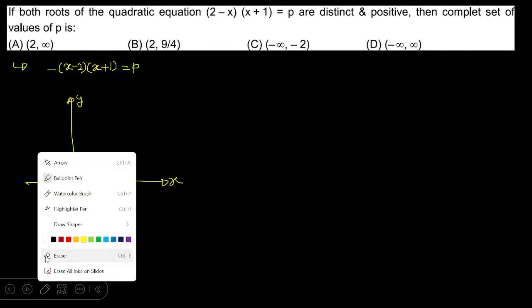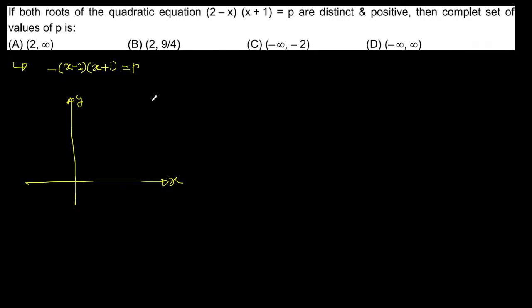This question we are going to solve: if both the roots of the quadratic equation are distinct and positive. That means we got somewhere x minus 2, x plus 1, equal to p. So this is a quadratic. If you plot a line, y, x, this is somewhere minus 1 and 2.